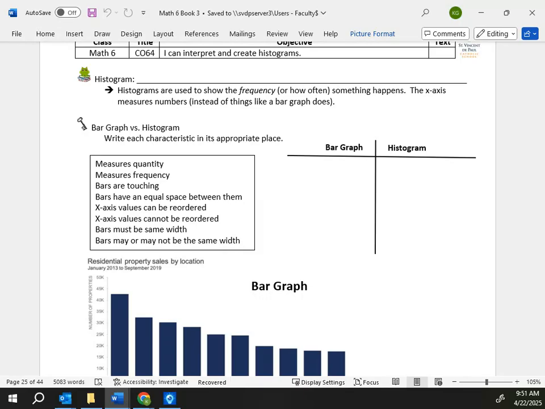Histograms. Histograms look like bar graphs, but there are differences. Remember, those histograms are touching each other because they are frequencies. So the histogram shows the frequency or how often something happens.